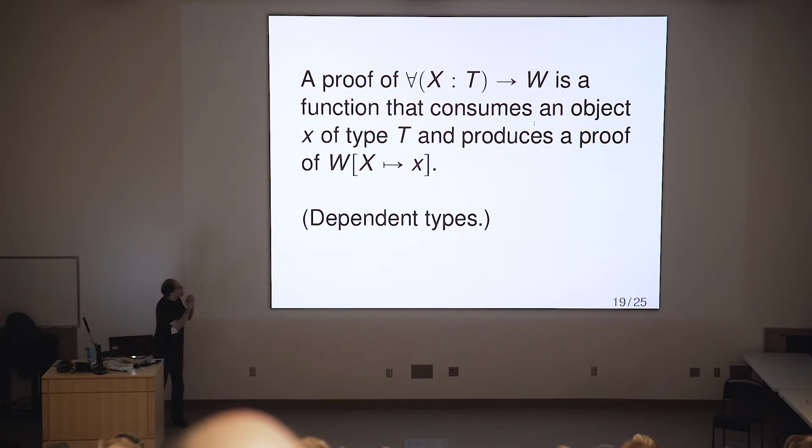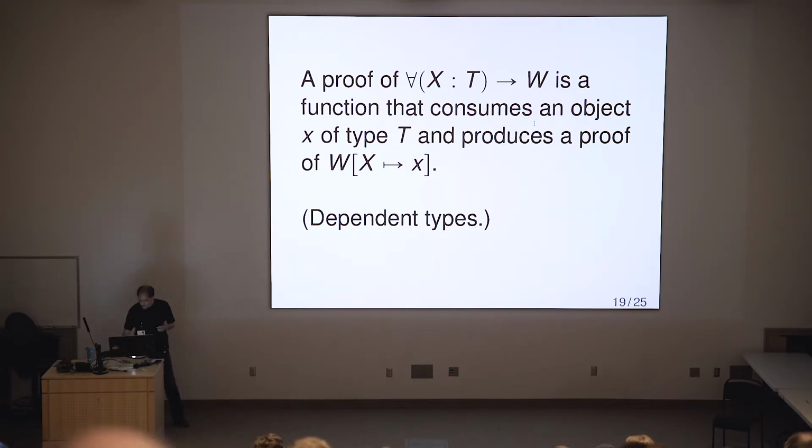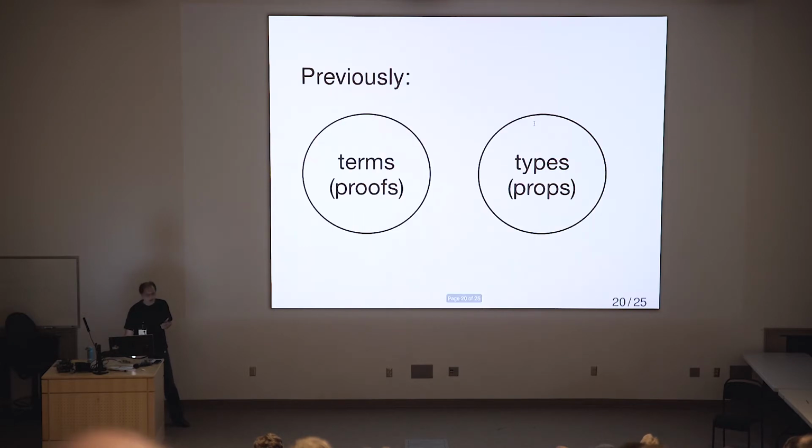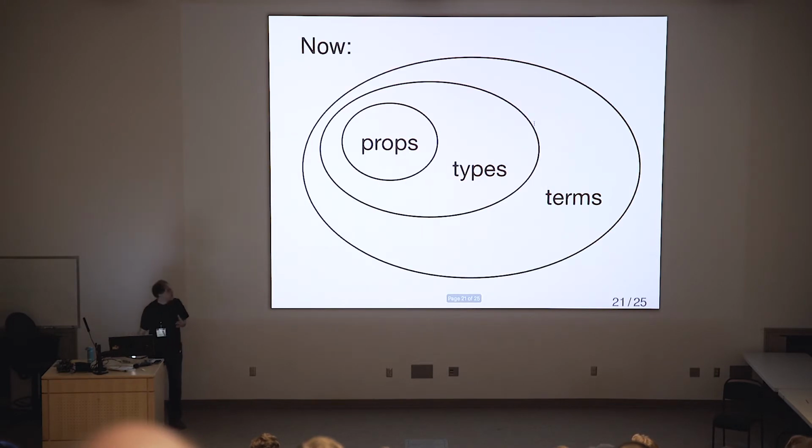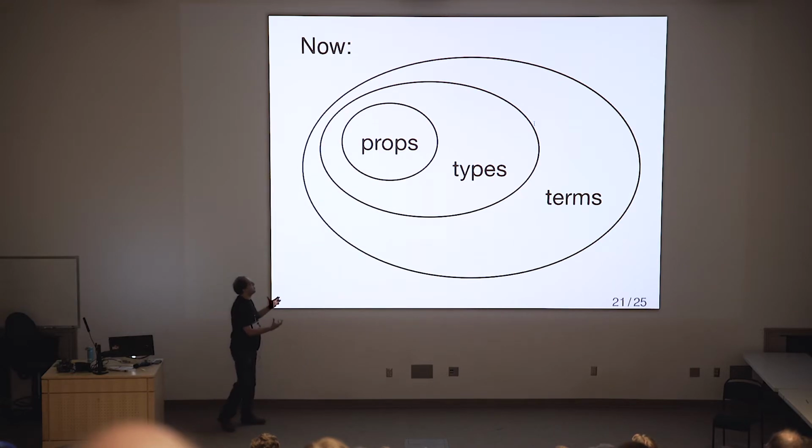We're already taking elements of the universe and injecting them into our logical statements. In the propositional world, we could keep terms and types completely separate. There were different languages. They're on opposite sides of a colon. And now what's happening is the terms are jumping over that colon and landing in the types. They're all getting muddled together. We have terms, and some of the terms are types, but not all of them.